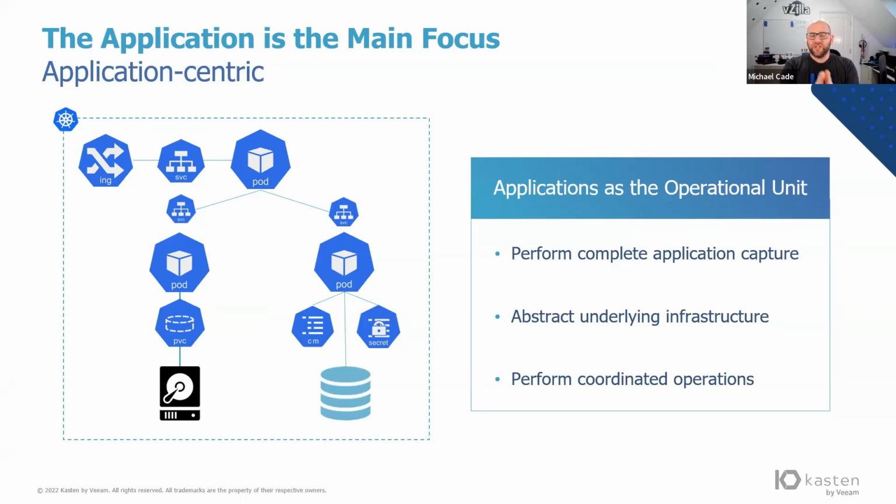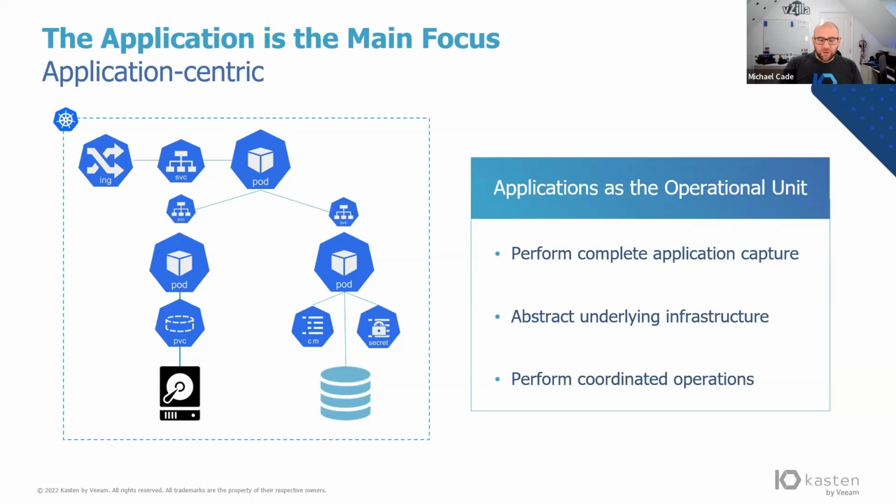Now, that application consists of multiple different microservices and different artifacts within your cluster, something similar to what we see on the page here. But what we need to do from a data protection point of view is be able to capture that all in a consistent manner, so that we can, one, protect everything that we have in our application, but also be able to recover everything in a consistent manner, so that it's actually going to come back up when it restores.